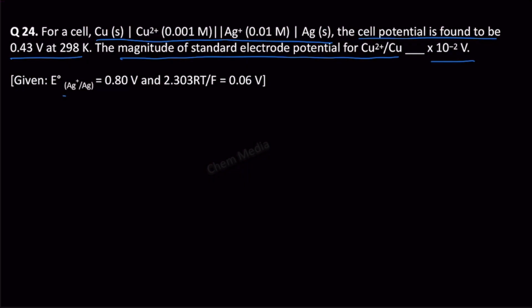Standard reduction potential of silver plus becoming silver is given as 0.80 volt, and this is the term we use in the Nernst equation. We know that Ecell Standard is equal to standard reduction potential for the cathode minus standard reduction potential for the anode.